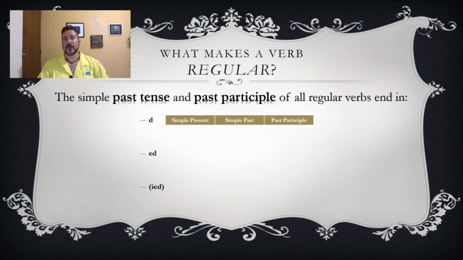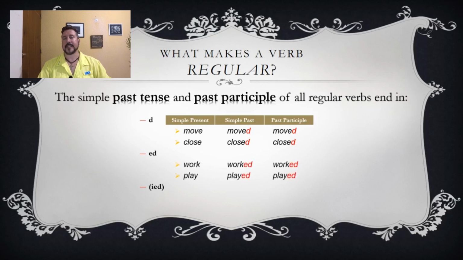All right? So an example, you add the D when the verb itself already has an E. If the verb doesn't have an E, it's necessary to put the ED. And if the verb ends in a Y, you need to substitute that Y with an IED. But if you see there, play, the Y stays, and you're probably asking yourself, Mr. Finn, why is the Y there?